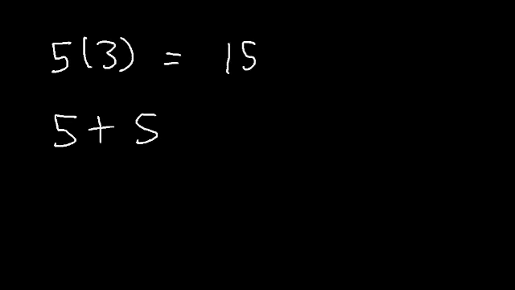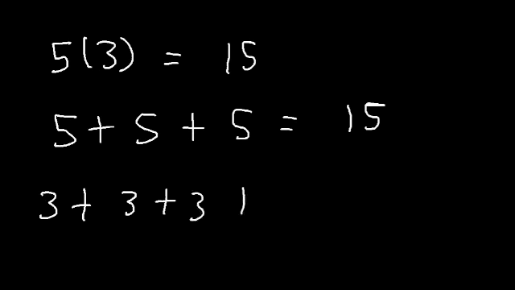So 5 times 3, according to the table, is 15. But if you want to turn it into addition, 5 times 3 is 5 plus 5 plus 5, 3 times, or it's adding 3 5 times, and that gives you, in both cases, 15.